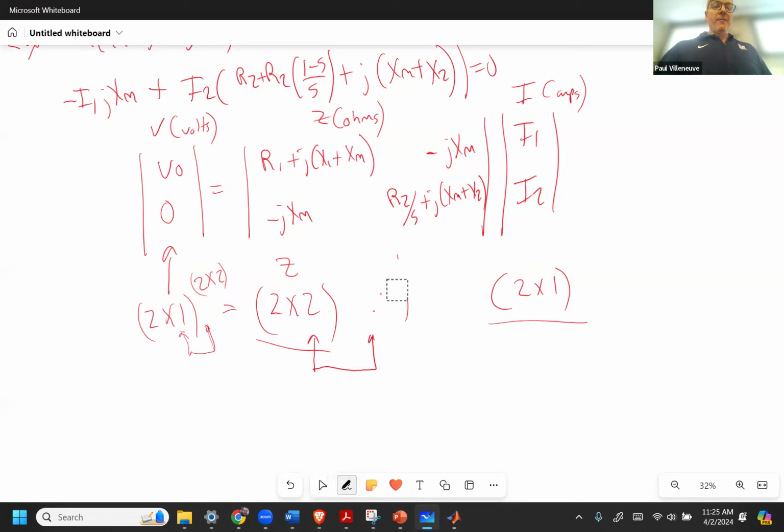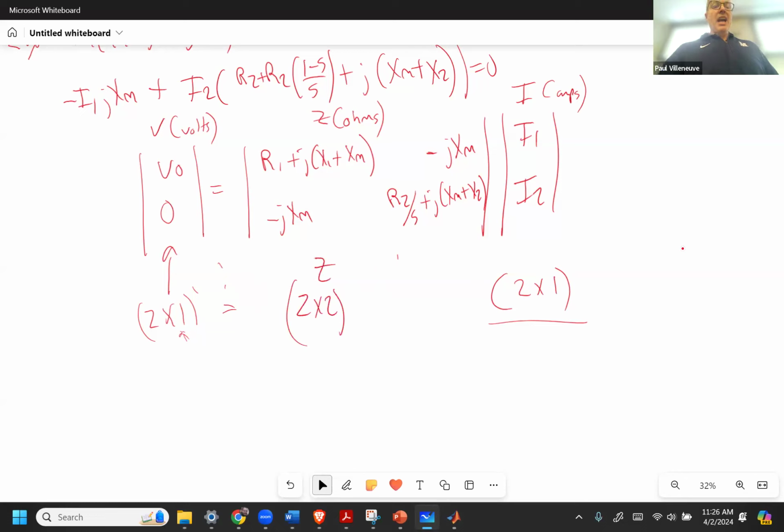So what do we do? Change it up a little bit. Let me move this over a little bit so I have some room. How about instead of post-multiplying after the Z, what if I pre-multiplied? Oh, let's see, there's a 2. By Z inverse.